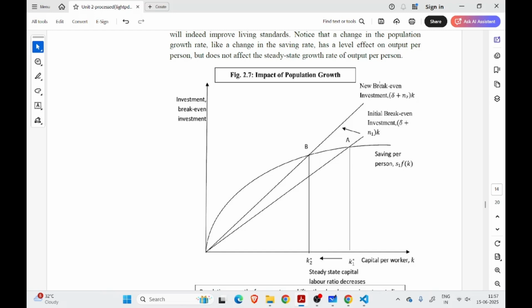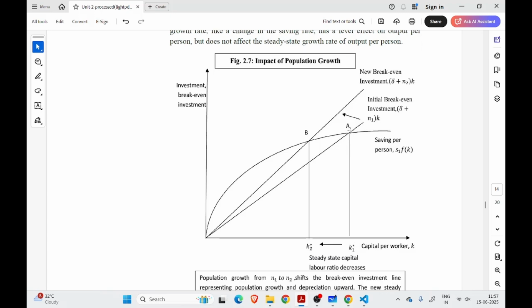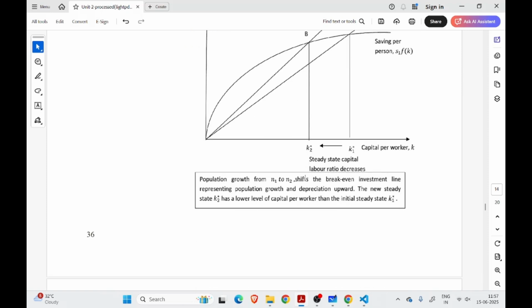So as population growth increases, at the old steady state capital k1 star, we see that the break-even investment is higher than the required investment. Therefore capital stock per person would reduce until it comes back to k2 star. Therefore if the rate of growth of population increases, the capital per worker in the steady state reduces.